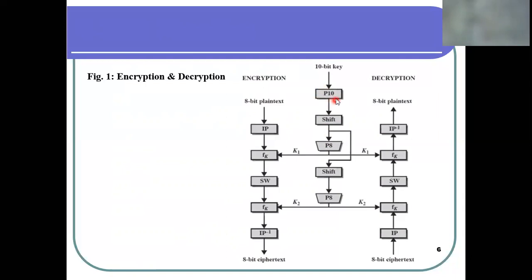Permutation on the 10-bit key, then shifting this output and then again applying P10, we will get K1, and this K1 is combined with FK and then we swap this input, and then again we apply the same steps and apply two shifts on this output, and then again we apply P8, and for the second time using FK, we need the K2 sub key or second sub key, and then apply the inverse permutation. In that case, finally we will get the 8-bit ciphertext.